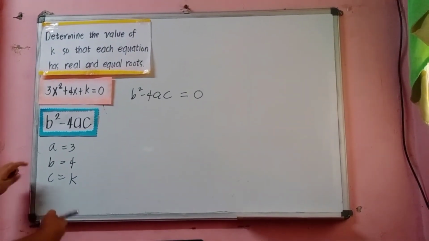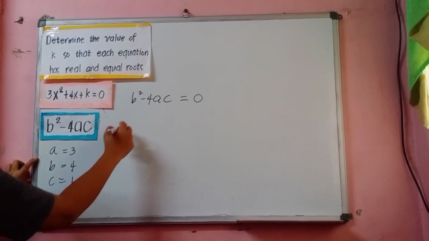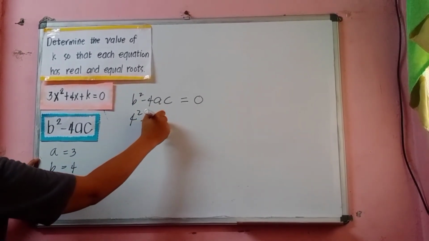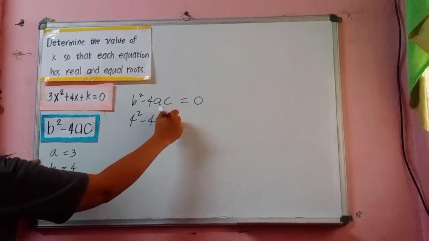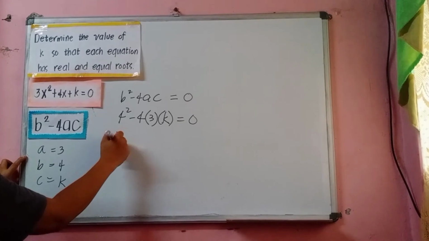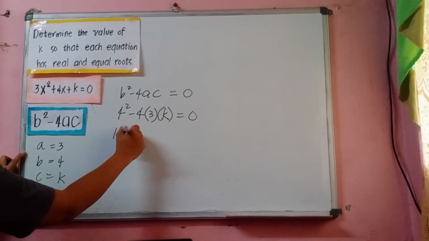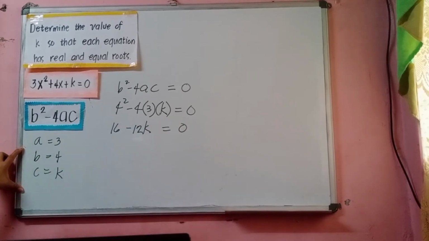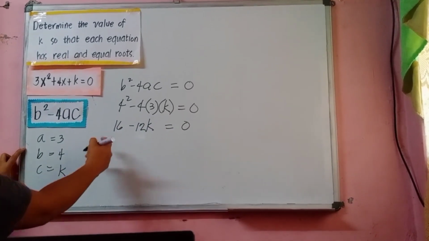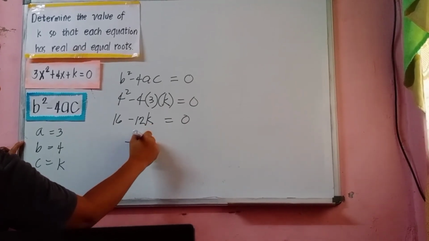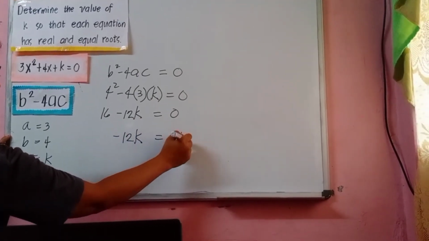Substituting these values to this formula, we have 4 squared minus 4 times 3 and times k, and that must be equal to 0. 4 squared is 16. Negative 4 times 3 is negative 12, and then we have k. So that's equal to 0. To solve for k, of course, we need to transpose 16 to the other side. So this will be 12k is equal to negative 16.